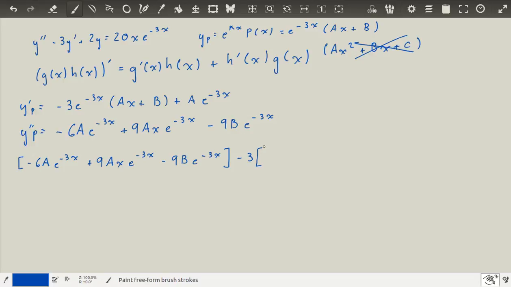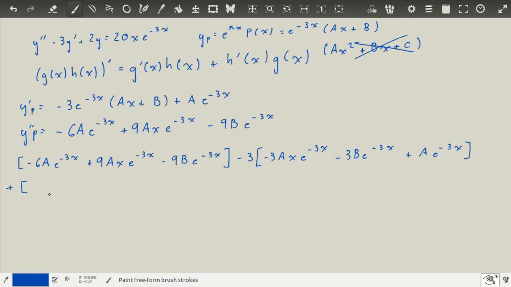That's going to be equal to negative 3ax e to the negative 3x minus 3b e to the negative 3x plus a e to the negative 3x. So that's the y double prime taken care of, then y single prime, and then just the y.